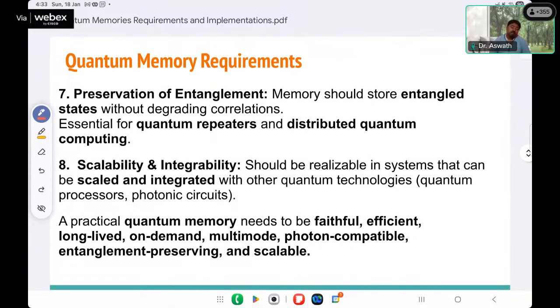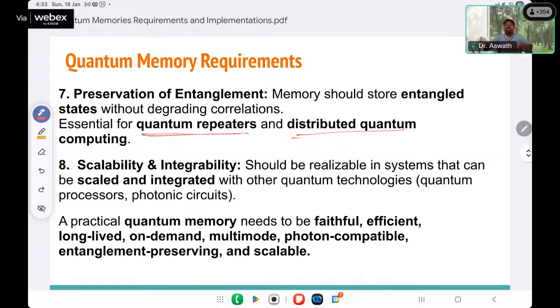Preservation of entanglement. Entanglement is one of the main resources, the recipe, for quantum communication. So this memory should allow us to preserve the entanglement so that we can extend the communication to a longer distance. That is what quantum repeaters are, which will be discussed in detail tomorrow, which allow us to do distributed quantum computing.